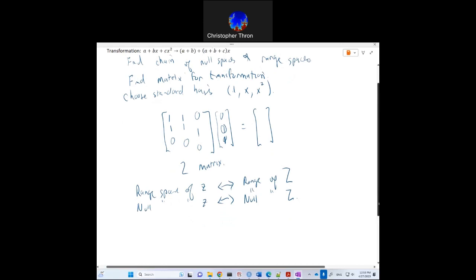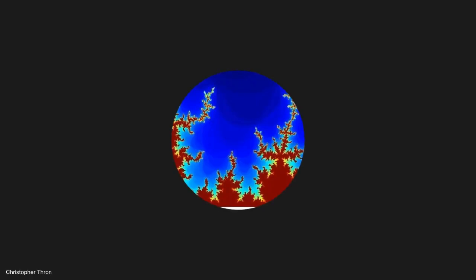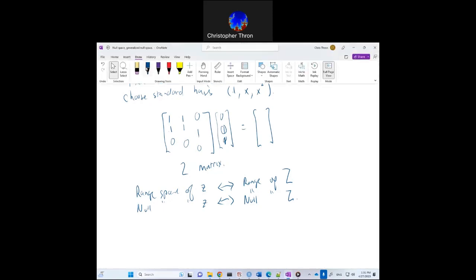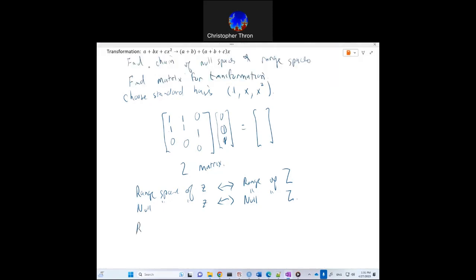All right, so let's take a look at the range of this matrix. The range of Z is just the column space, so the span of the columns. You can see these first two columns are linearly dependent, and this second column is linearly independent, so the dimension of the range is 2.